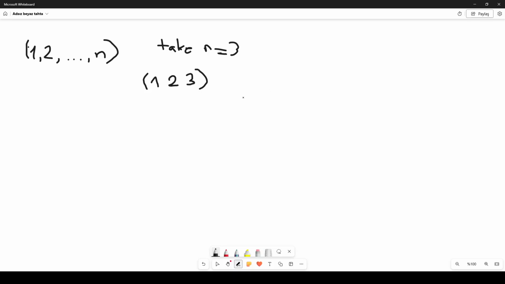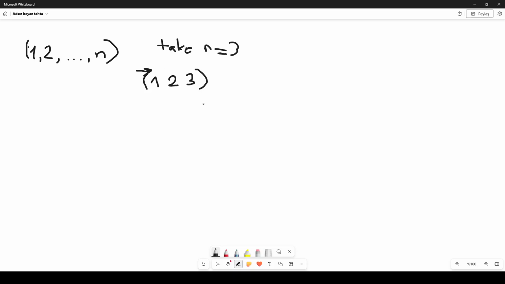Because this is an arrangement of 3 elements. By the way, this permutation is called the permutation that has a natural ordering. Why? Because when we look at it from left to right, they are ordered conventionally: 1, 2, 3.